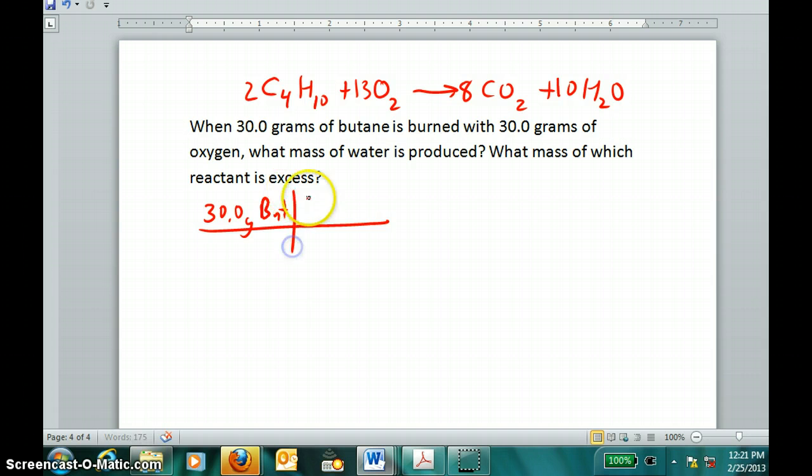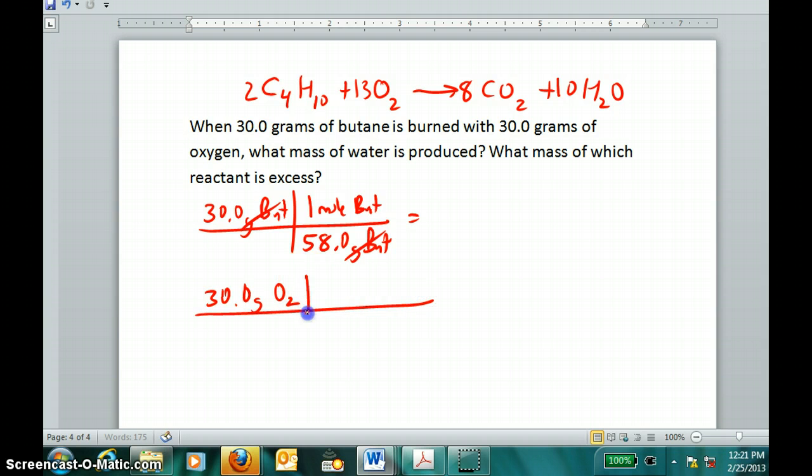And since 1 mole of butane is the equivalent of 58 grams, hence the molar mass of butane, this is how many moles of butane I start with. And same is true of oxygen. If I start with 30 grams, it has a different molar mass. A mole of oxygen is equivalent to 32 grams of oxygen.